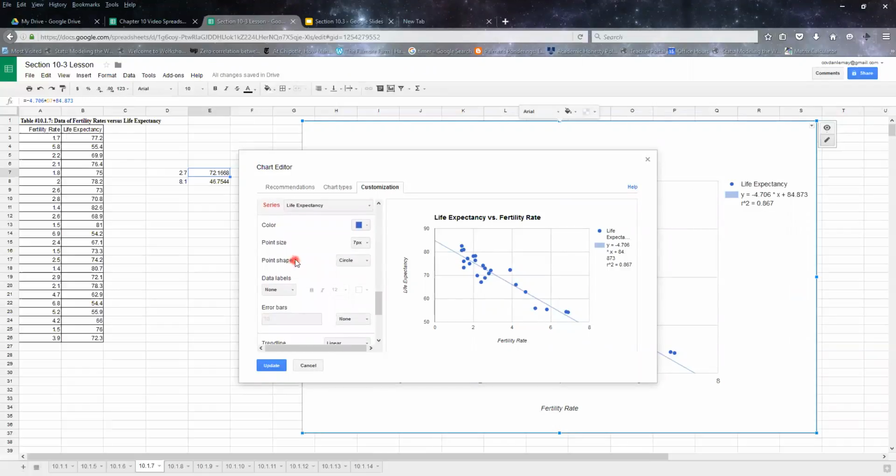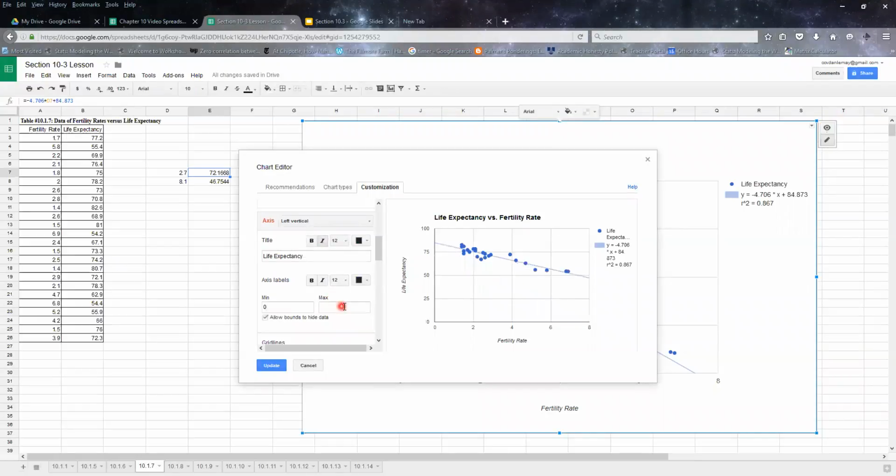Let's see if we can come up with a change in the min and max. Maybe we go up here, the axes. Here we go. Left vertical. I'm going to make the min be 0. What is it? 0.59. I'm going to make it be 0.90.